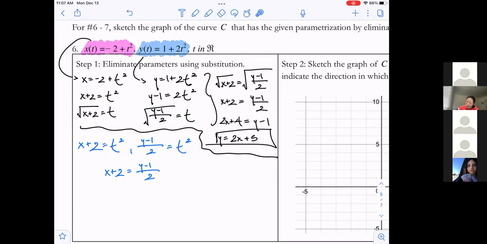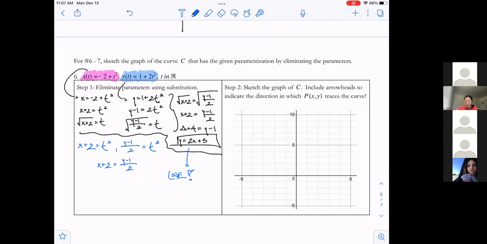And so based off of this rectangular equation, right, and I think I sort of gave this away earlier, we might recognize that this is going to be a line, right? A line. So how in the world do we sketch this graph?